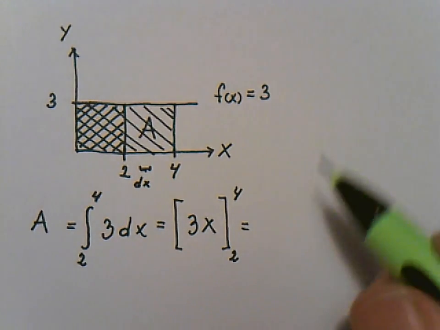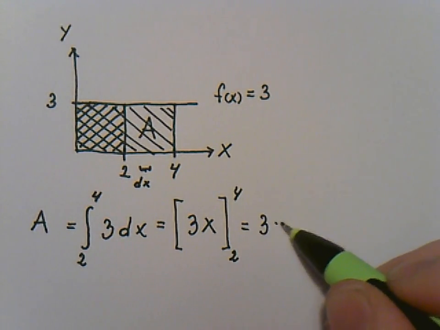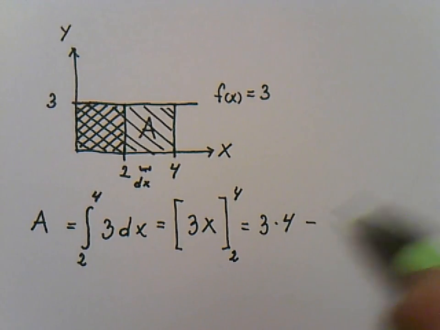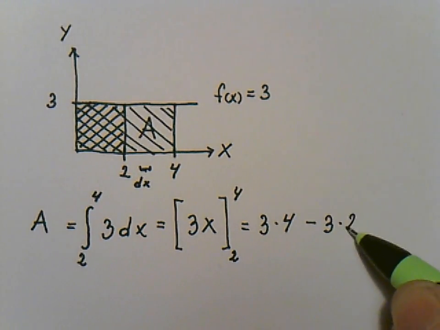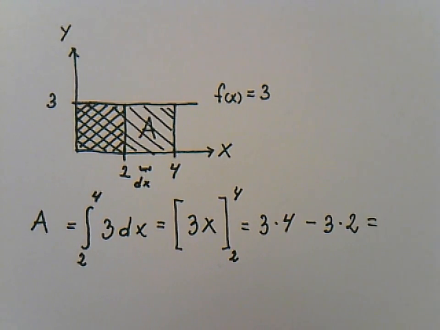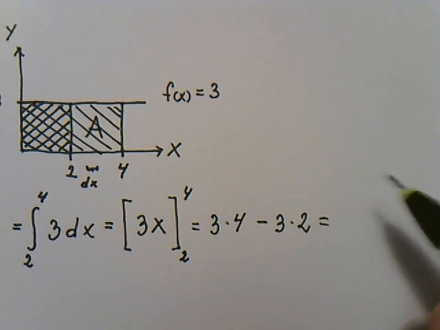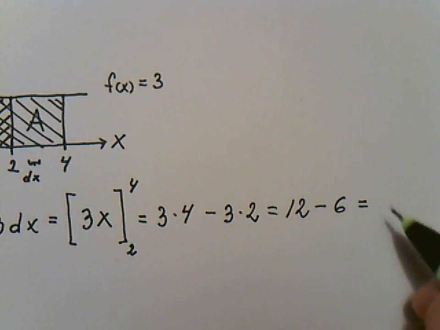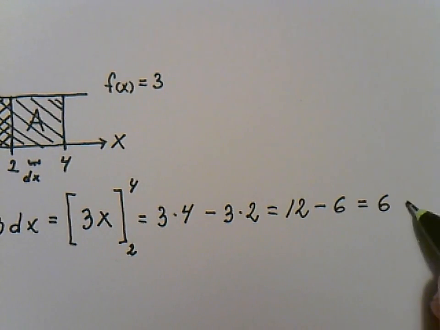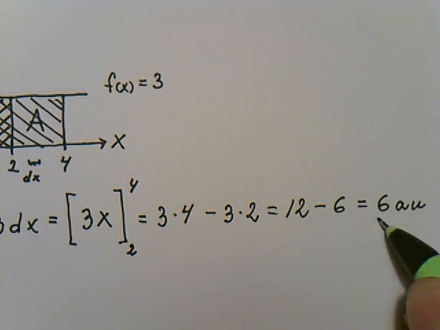So we change x to 4, 3 times 4 minus 3 times 2. Then we get 3 times 4 is 12 minus 3 times 2 is 6, and we end up with 6 area units.